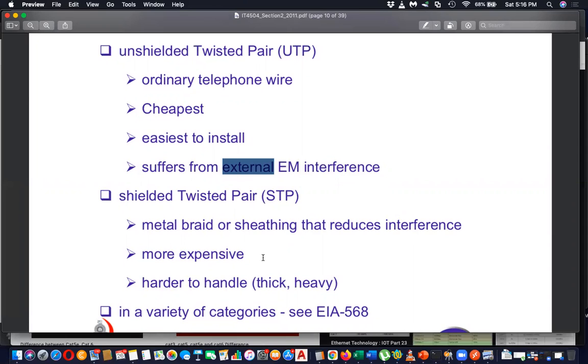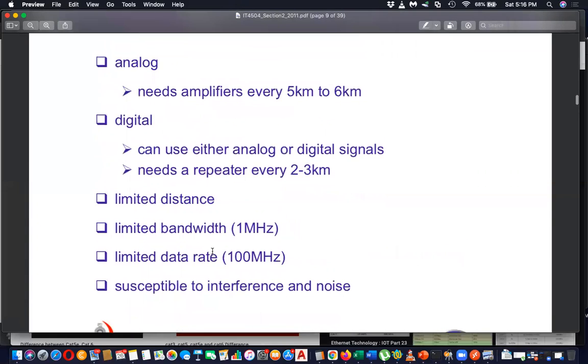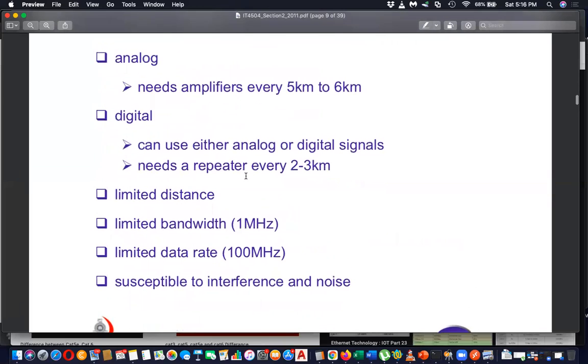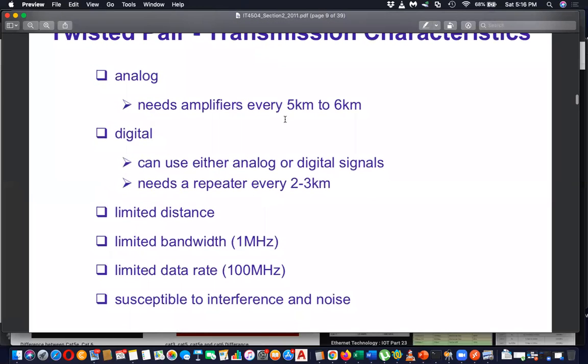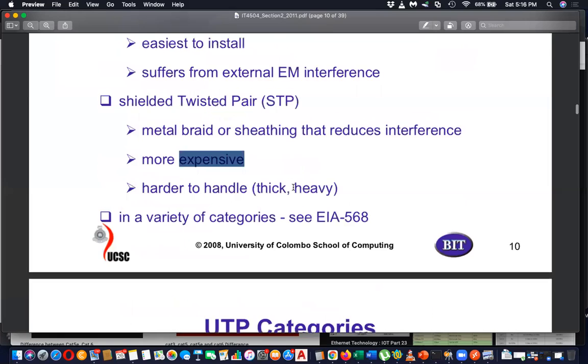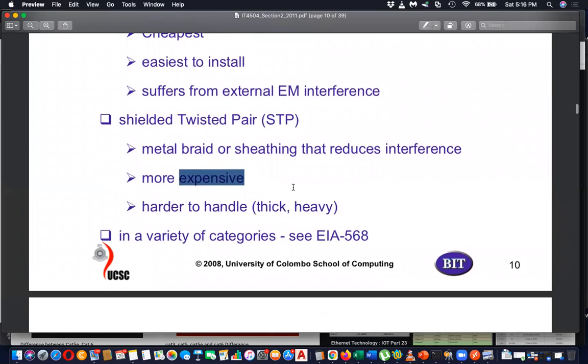It has less external electromagnetic interference for shielded twisted pair, but it is more expensive. But it supports more distance communication, the shielded one.